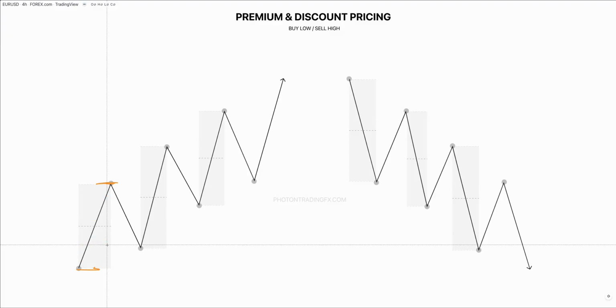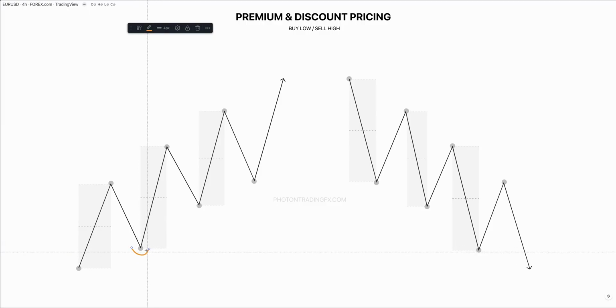So what typically happens in a bullish market is you get that leg up, and then as we start to pull back, you can draw on your premium and discount pricing, and price will typically pull back down to those discount prices, the cheap prices. This is where people are going to go, okay, now this currency pair or whatever instrument you're looking at is at a cheap value. It's at discounted prices, so it increases the probability that people are going to want to buy.